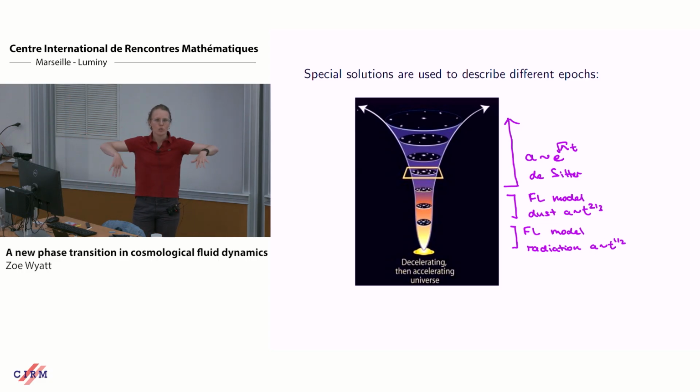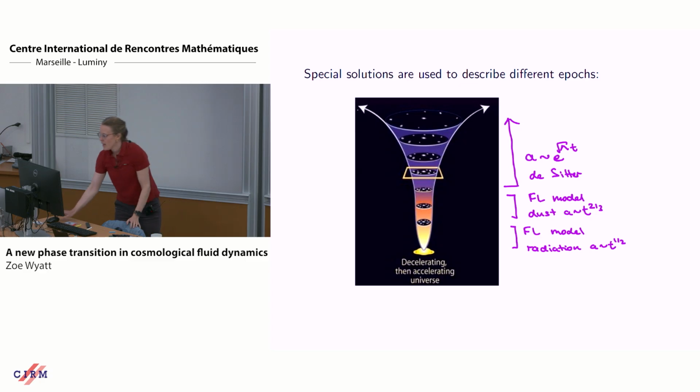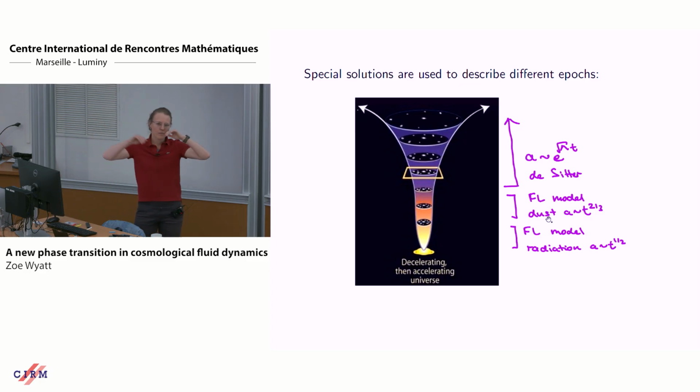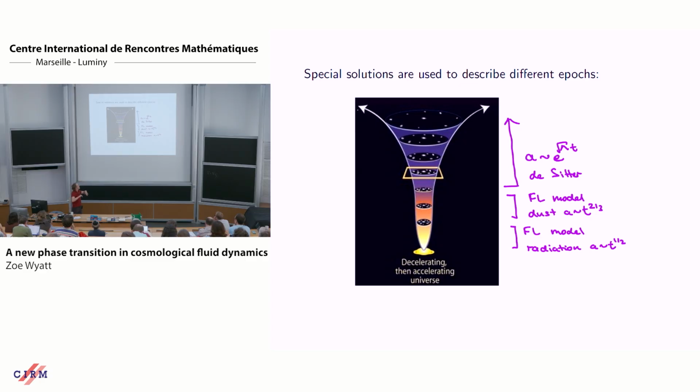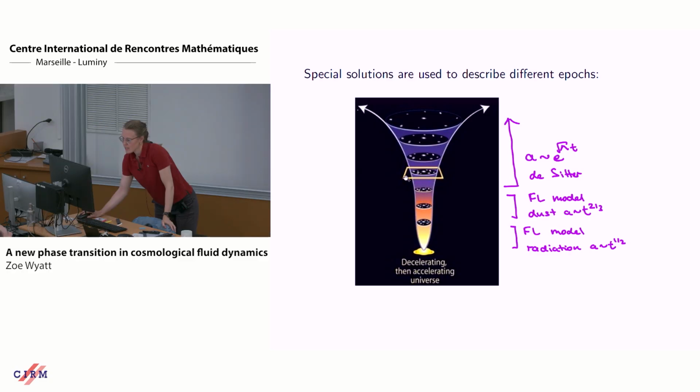Then things started to cool, the radiation started to dilute, and at that point the dust matter took over, so that's when k is equal to 0, and then the expansion went like A equals t to the 2/3. And then, as I said, we're not entirely sure what happened, but the acceleration changed, and we went into a period of accelerated expansion, and we modeled this through de Sitter.